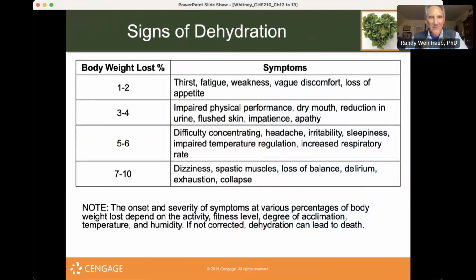Signs of dehydration are very important because even a 1 to 2% loss of body weight from loss of fluids or water can start to affect us. 3 or 4% might impair performance, 5 to 6% even more impairment, and when we get close to 10% loss of body weight from loss of liquids, we could be in lots of trouble.